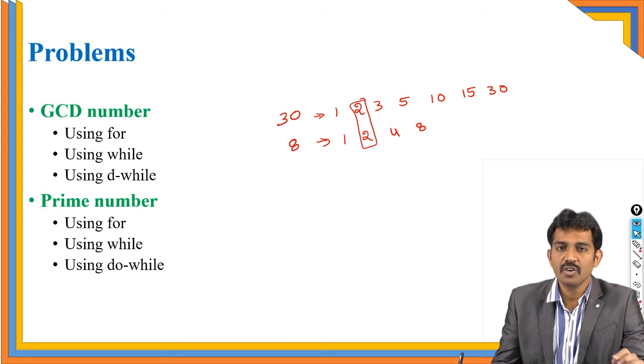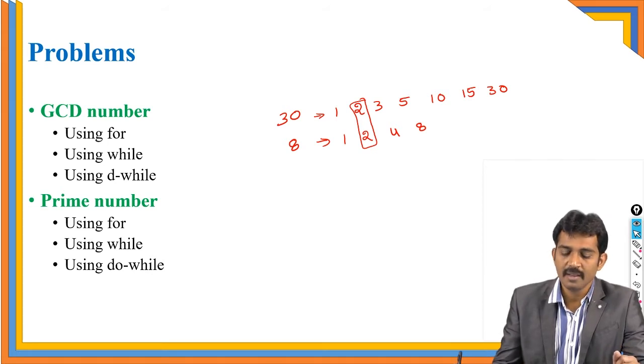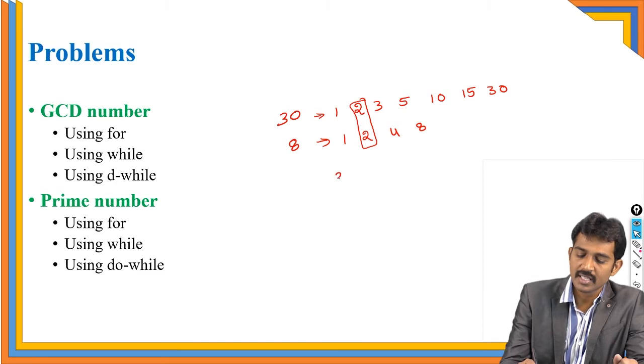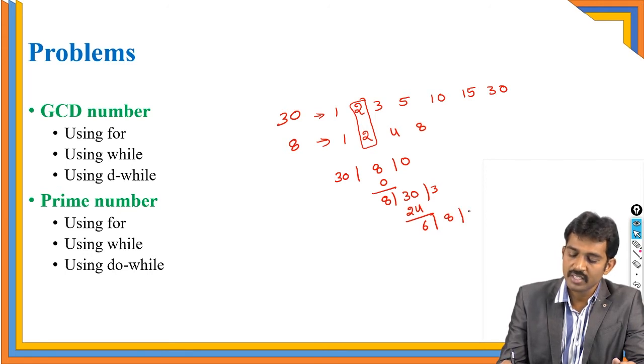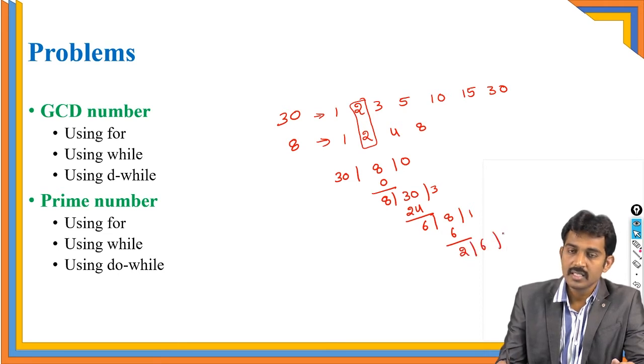If you want to find the GCD of given numbers, I'm going to show one more method. The two numbers are 30 and 8. 30 divided by 8: 8 threes are 24, and you'll get remainder 6. Now 8 and 6: 6 ones are 6, remainder 2. Then 6 and 2: 2 threes are 6, remainder 0.